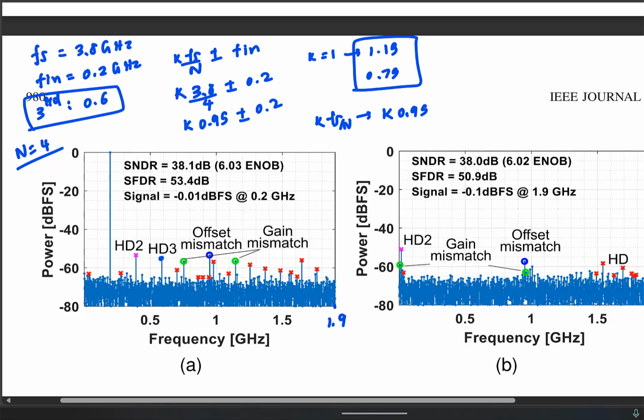HD3 is 0.6 somewhere here, and if you have offset mismatch, we'll have 0.95 somewhere here. This is the offset mismatch. Similarly, for gain mismatch we should see two tones at 1.15 and 0.75. So 0.75 is somewhere here, 1.15 is somewhere here.